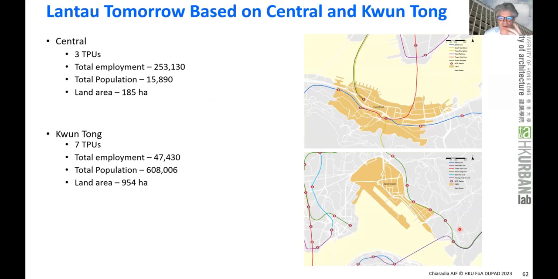We calculate the change in accessibility for MTR that goes into the model, and then we take a proxy for road and pedestrian as a scenario. We say, what if we have the same level of accessibility for this new CBD that we have in Central or in Kowloon? We feed that in the model and see what happens.